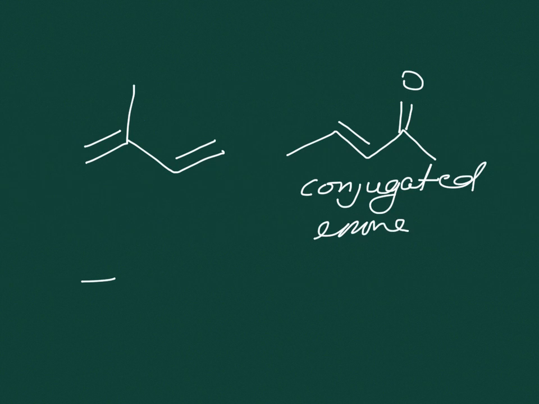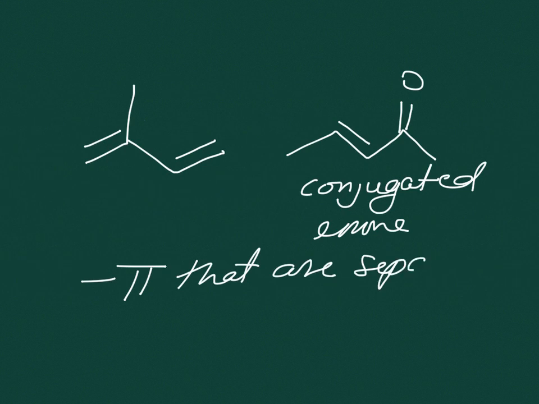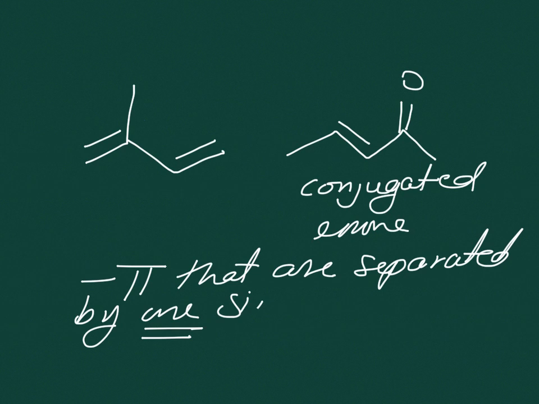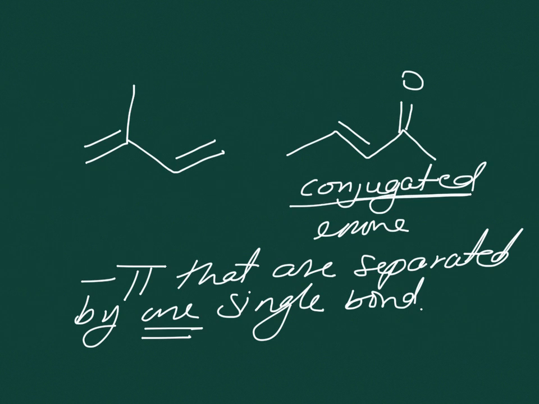Essentially, you just have to have pi bonds that are separated by one single bond. Okay? And that describes a conjugated system. A diene is when you just have two of them.